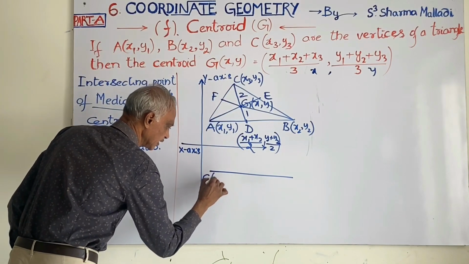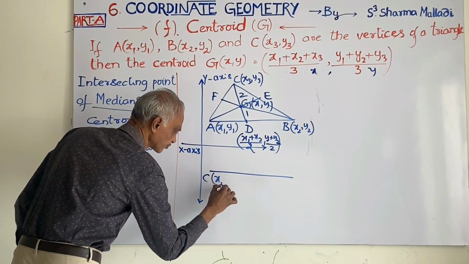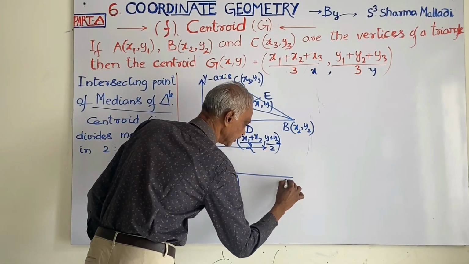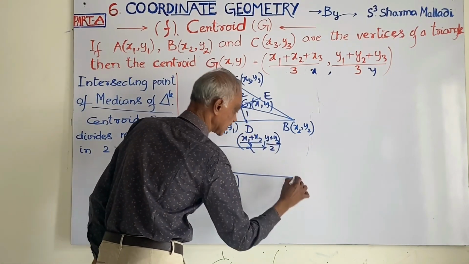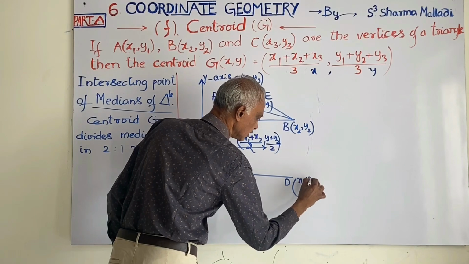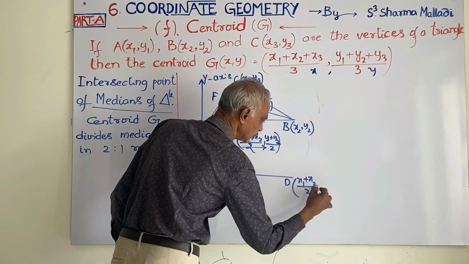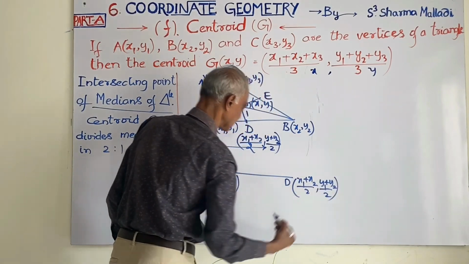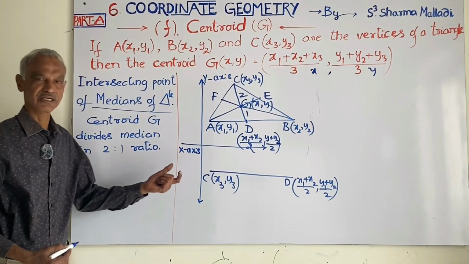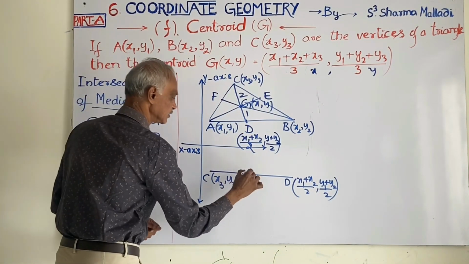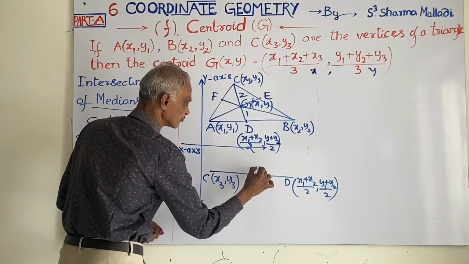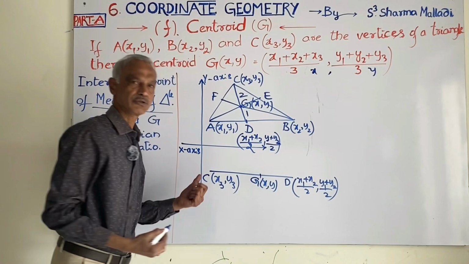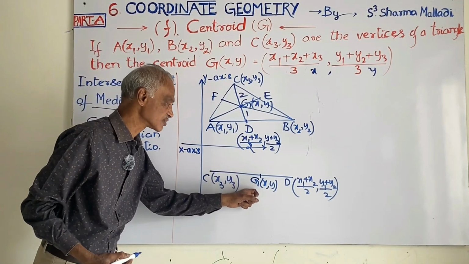You take C (x3, y3) and D you take here, that is (x1 plus x2) by 2 and (y1 plus y2) by 2. It is very easy to understand for you. This is divided. This is the centroid. This is G (x, y). We have to use the section formula.